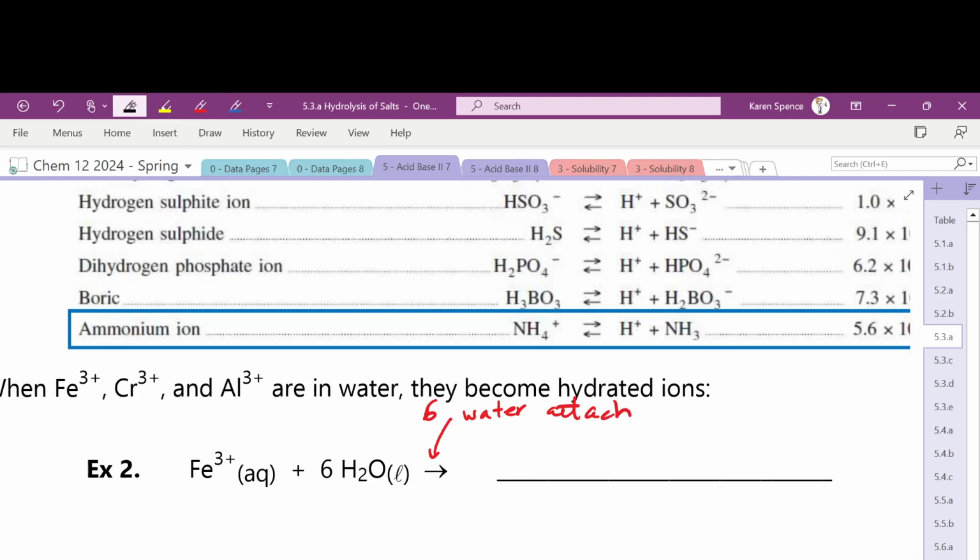So you end up with Fe[H2O]6, and water has a charge of 0, iron has a charge of 3+, so the charge is still 3+. This is called a complex ion.